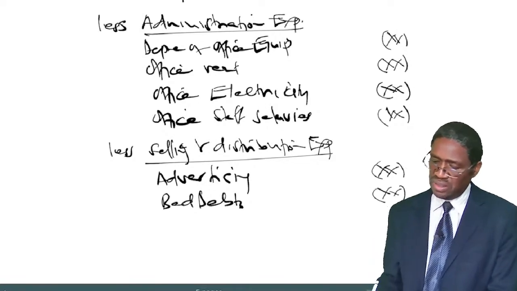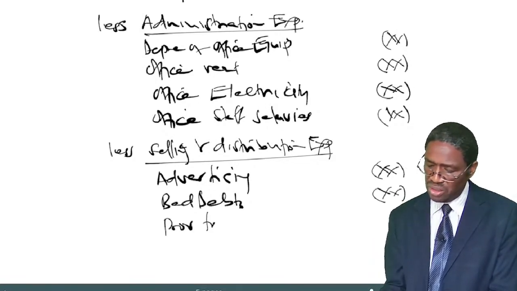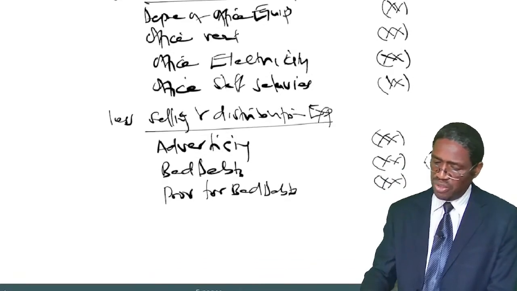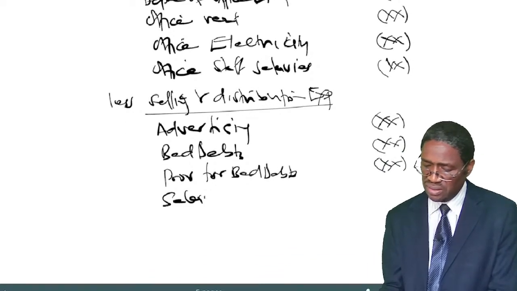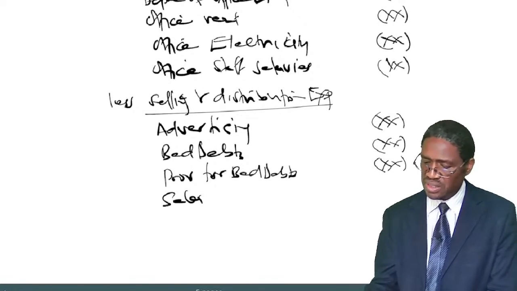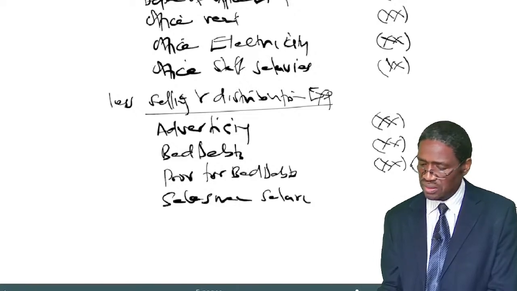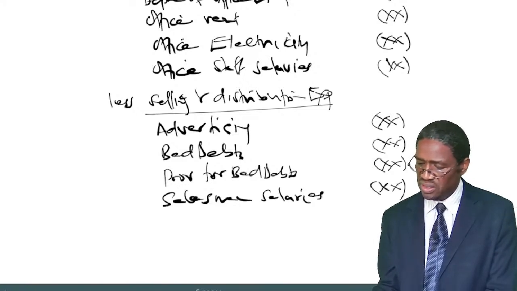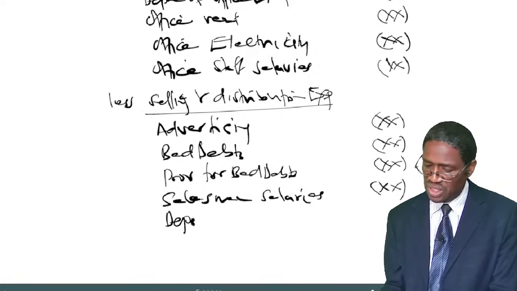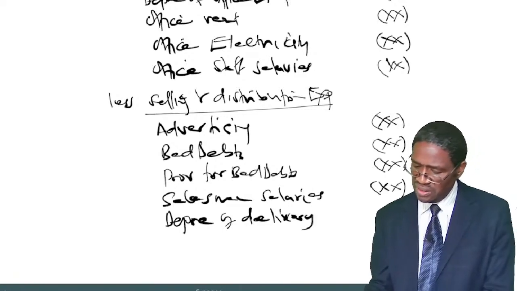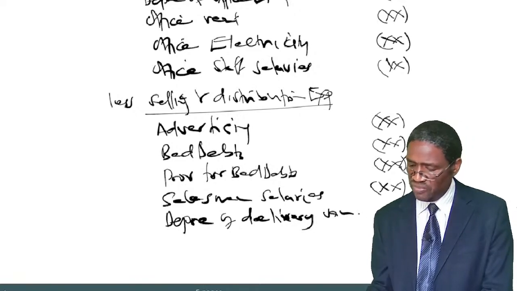You minus. We also gave examples like provision for bad debts. Whatever it is. We gave another example like salesman's salary. Whatever it is. We gave an example like depreciation of delivery van.